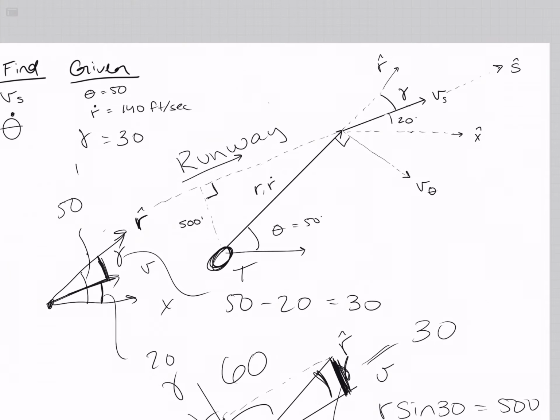Now let's get to converting the theta dot and r dot. So we have that r dot is in this direction, v is in this direction, and we have an angle of 30 here. Well, the magnitude in this case is given to us as 140 feet per second.